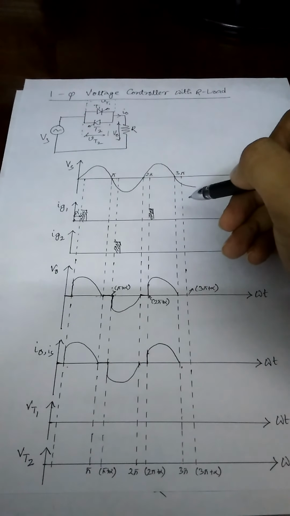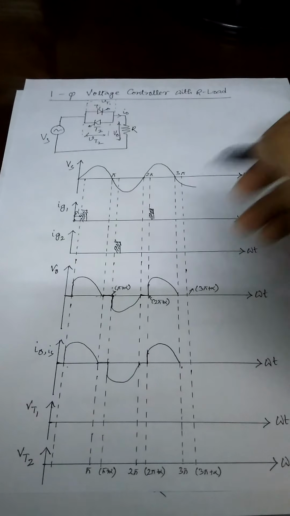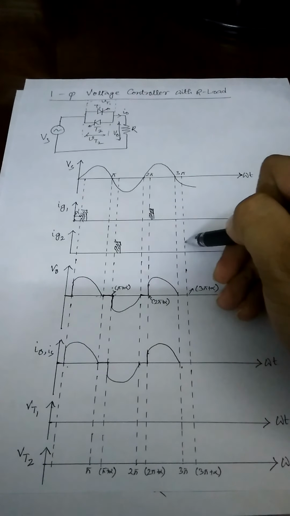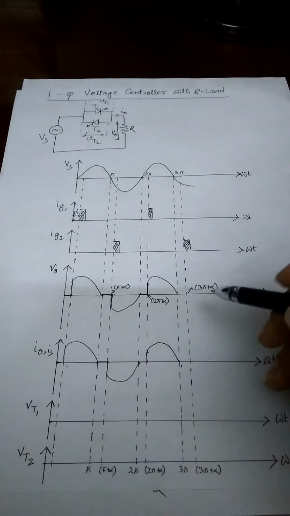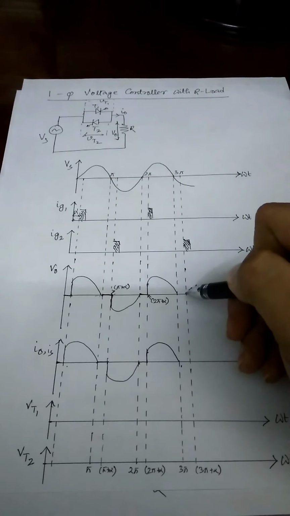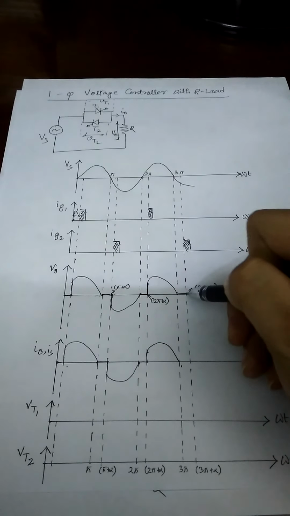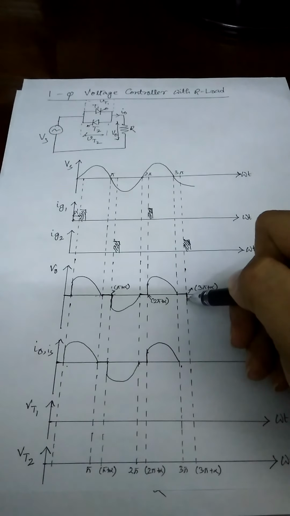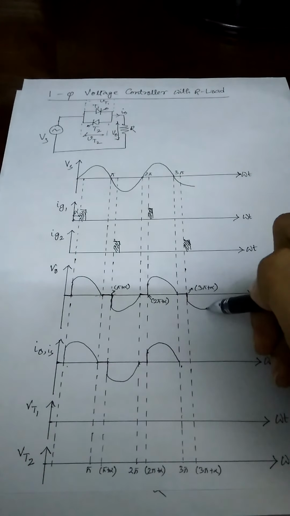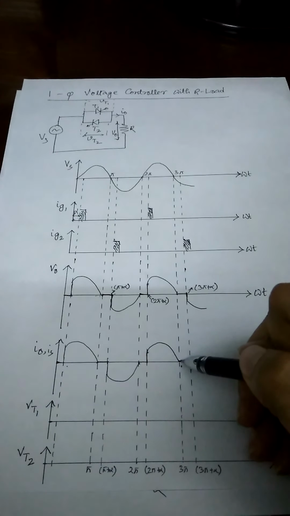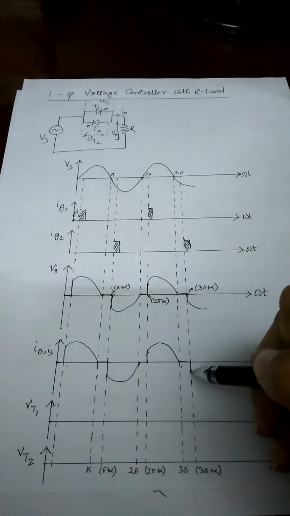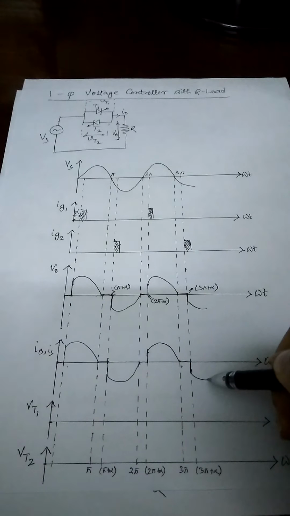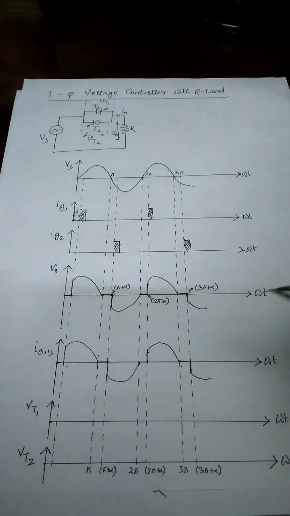So at 3 pi plus alpha we get the Ig2, and depending on that the voltage waveform will be with a negative slope, and the current waveform will also be with a negative slope.